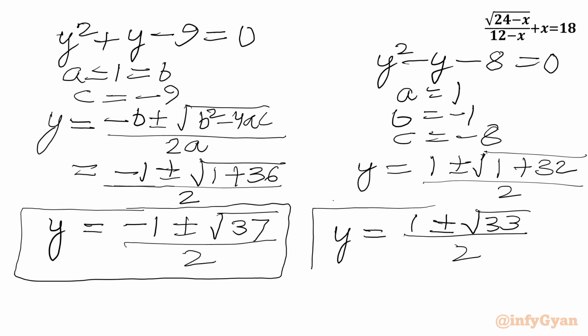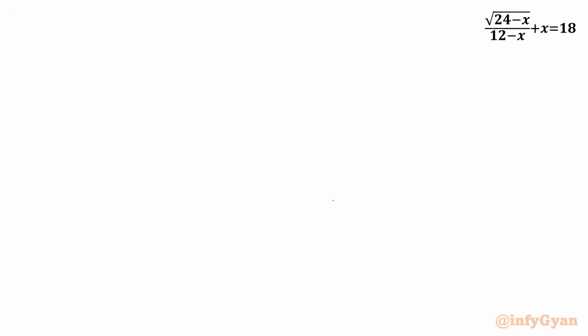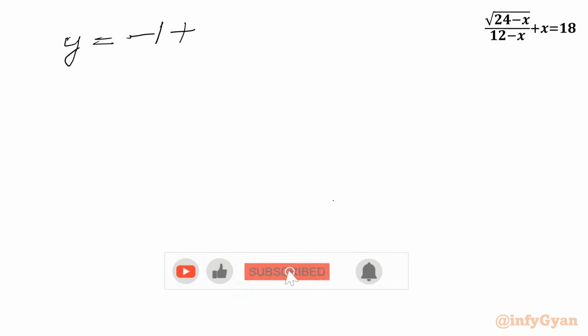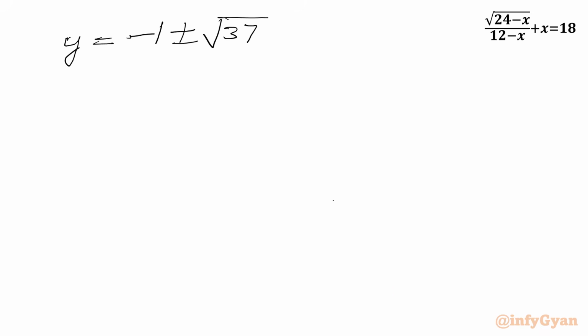Now y was our substitution. We will write all the four values of y over here. So y will become minus 1 plus minus square root 37 over 2 and 1 plus minus square root 33 over 2.